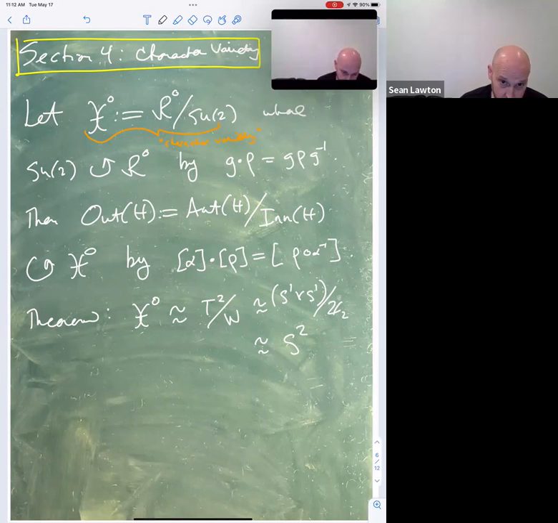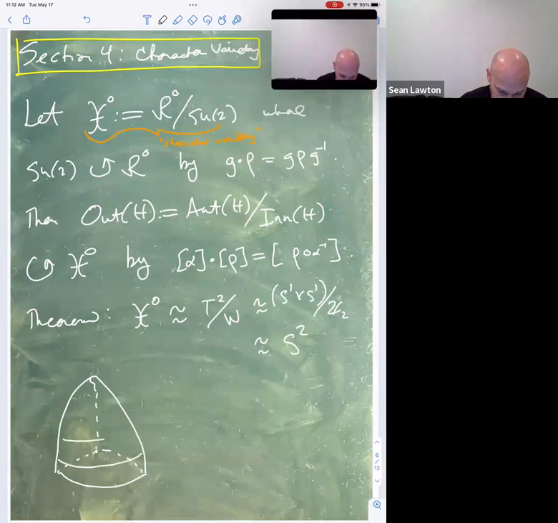Now, it's a singular two-sphere, so let me draw a picture of it. It's usually called the pillowcase, although one of our audience members, now Dr. Segal Thomas, has suggested that we rename it the samosa, which I think is actually a good thing to do.